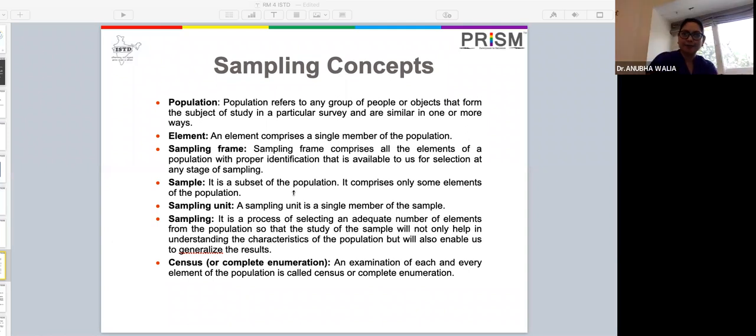Once I collect the sample, I see something in the chat box. Okay, sampling unit. So a sampling unit is like when we talk about a family. As I said, a sampling unit is a definable and observable approach.